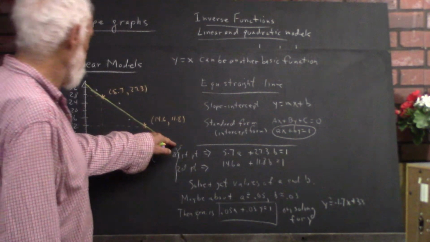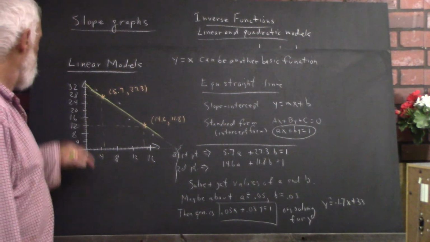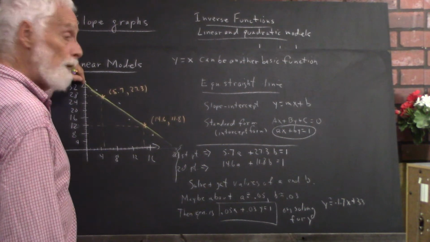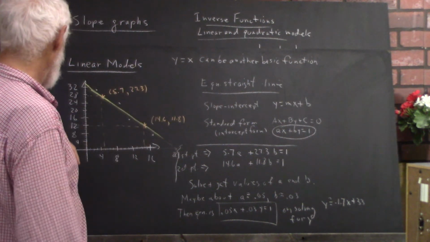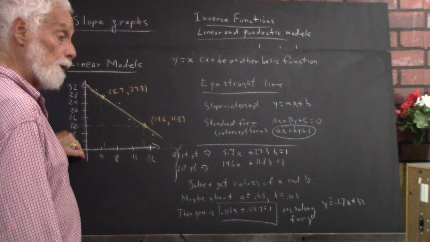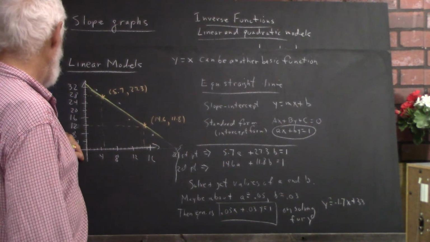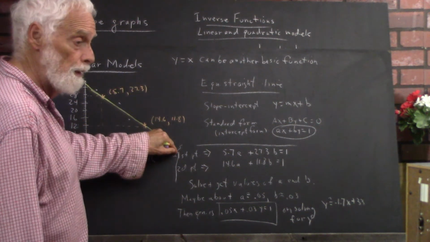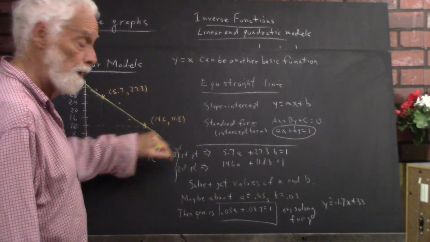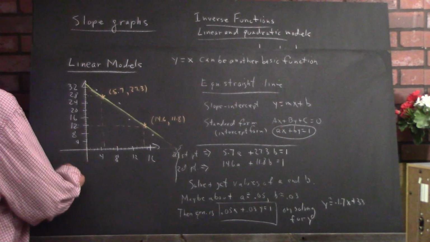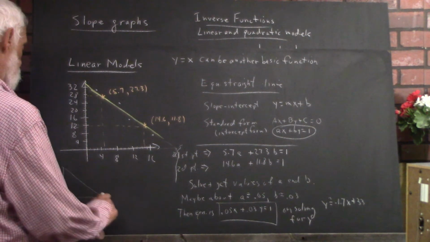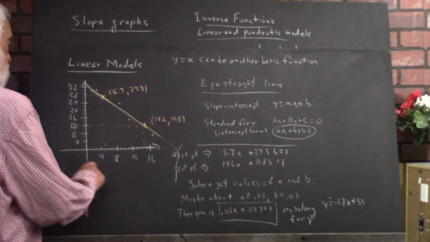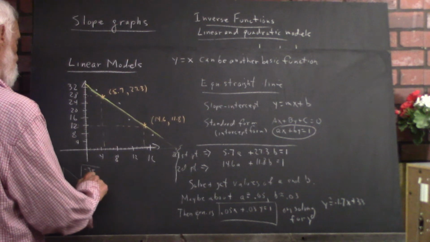Getting a little sloppy, but if you just do a fundamental triangle from the y-intercept to the x-intercept, it's going to have a rise of about negative 30, looks like more like negative 35 or something like that, and a run of 22. So we have a right triangle, and the slope is negative 35 over 22.